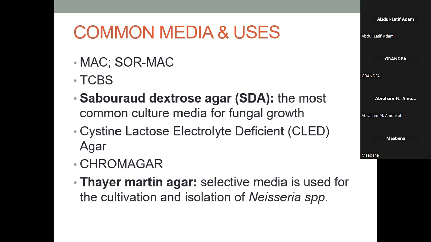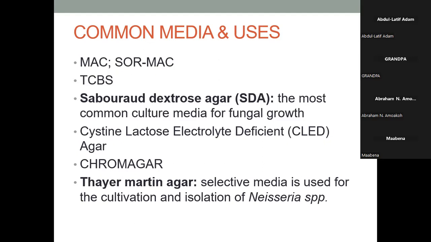That's all. Now, sometimes you can also come across a medium called chrome agar. The word chrome means color, isn't it? Chromatic, or chromogenic, is color. Then agar. This is a new medium which has been developed, and it's usually used for urine cultures.